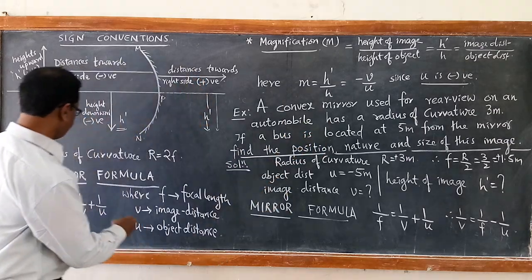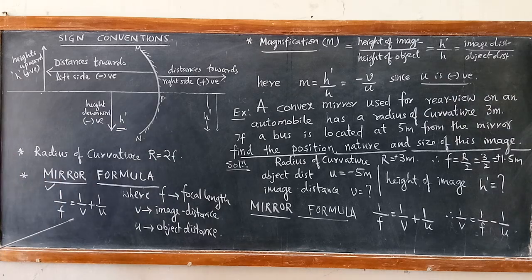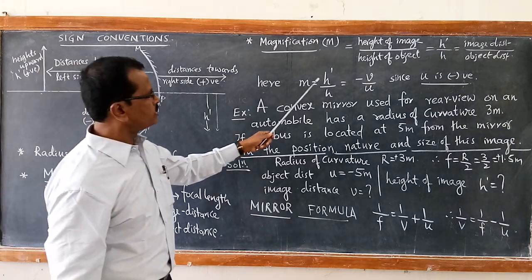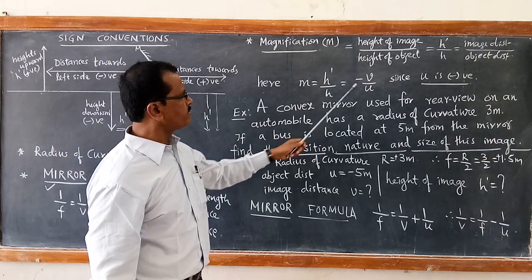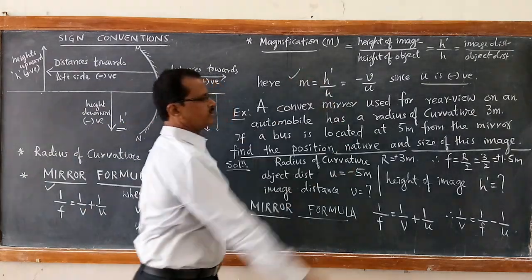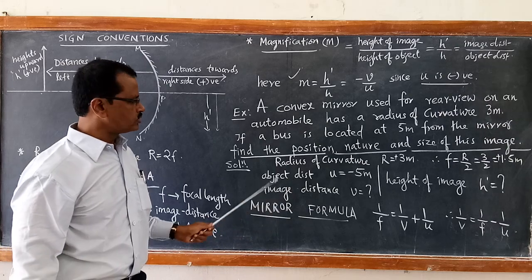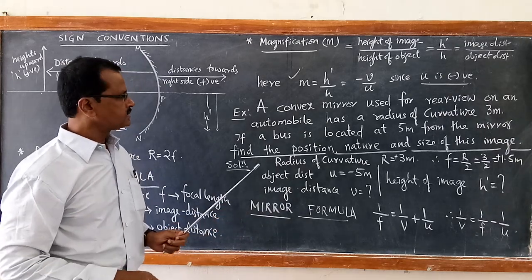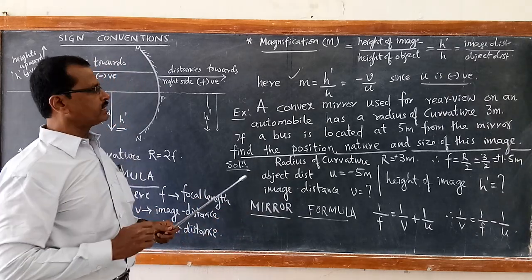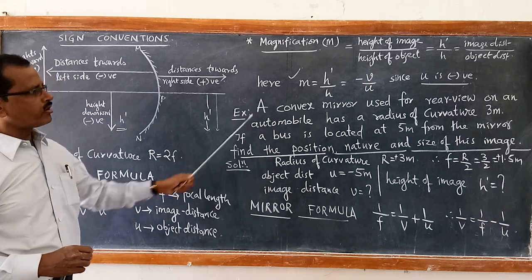So these two important equations, 1 by f equal to 1 by v plus 1 by u, and m equal to h dash by h equal to minus v by u, are quite helpful for finding the solutions of numerical problems. Let us see one numerical problem here. There is a convex mirror.